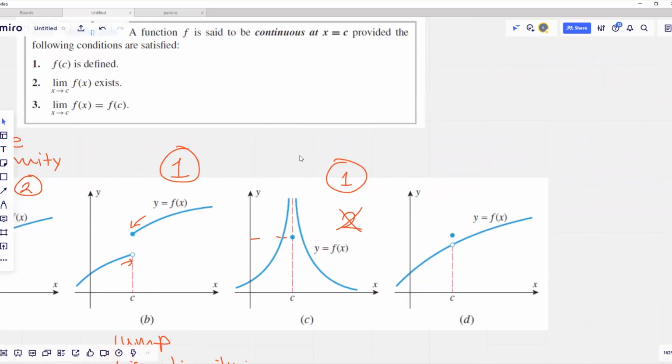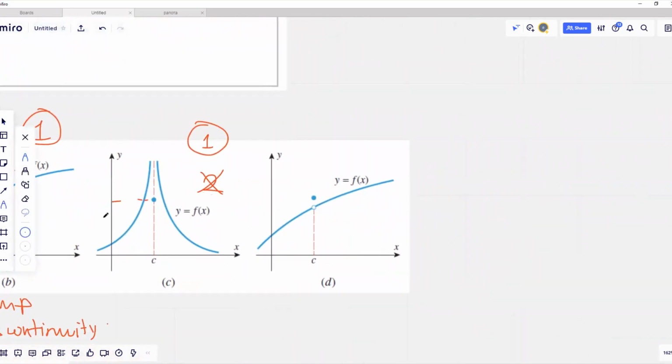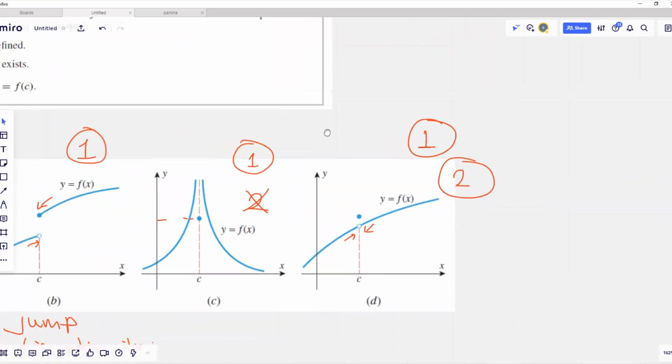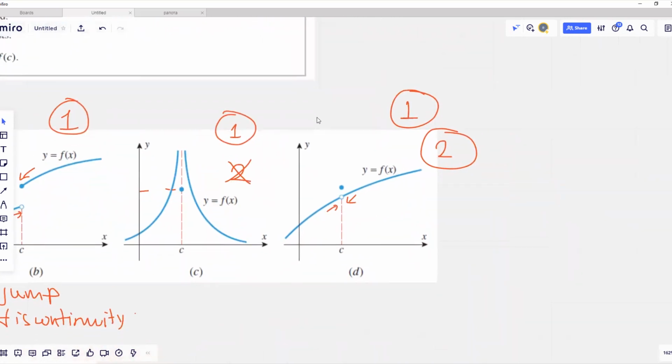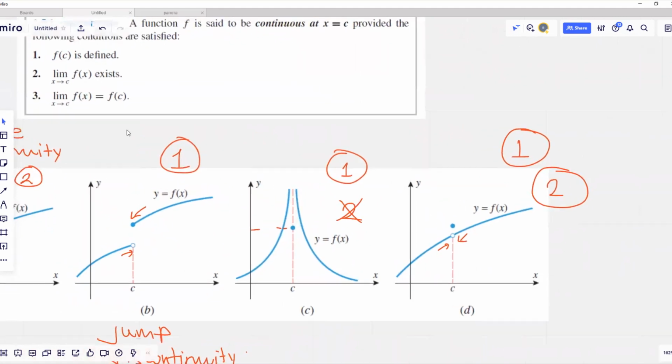All right, next example. Here, the first condition is satisfied since the value of the function at point c is defined. The second condition is also satisfied. We see that the one-sided limits exist and they are equal to each other, meaning that the two-sided limit exists. However, the third condition here is not satisfied, since the two-sided limit is not equal to the value of the function at that point.